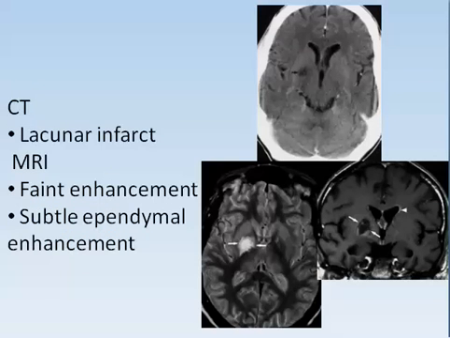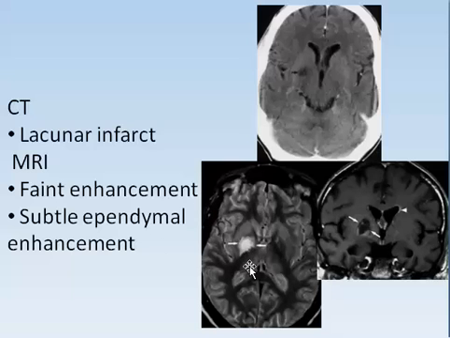Now here it does not present a mass or bizarre shape, but it presents as if there is an infarct, as hypodense area in the CT at the region of the basal ganglia and posterior limb of the internal capsule.